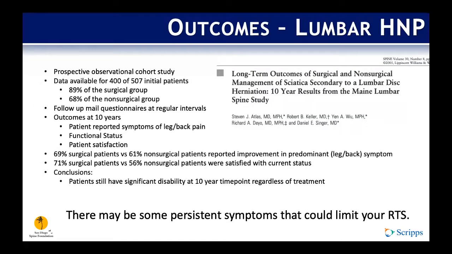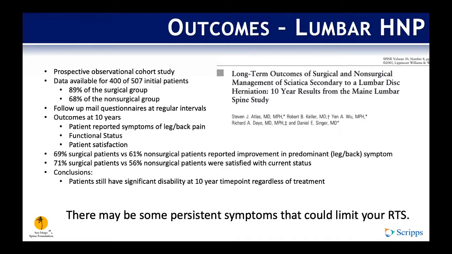But this is the main study group in terms of what the final end state looks like. This is a 10-year follow-up that was obtained through mailed questionnaires sent out at regular intervals. Of their 507 initial patients, 400 responded with outcomes at 10 years.